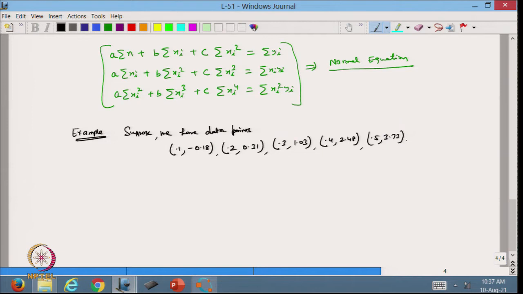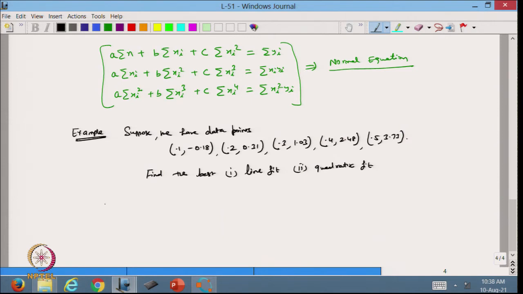Then our question is to find, first, the best line fit, and the second one is the quadratic fit. So, this is the question.